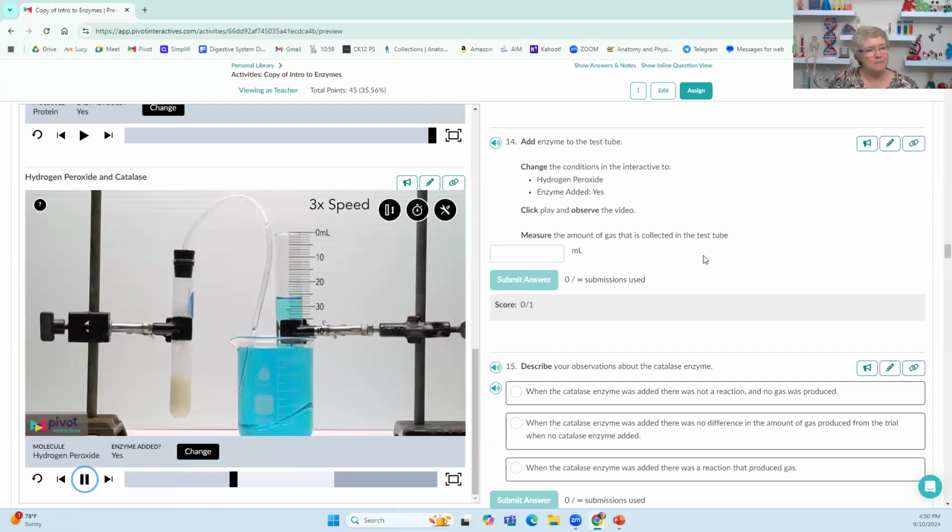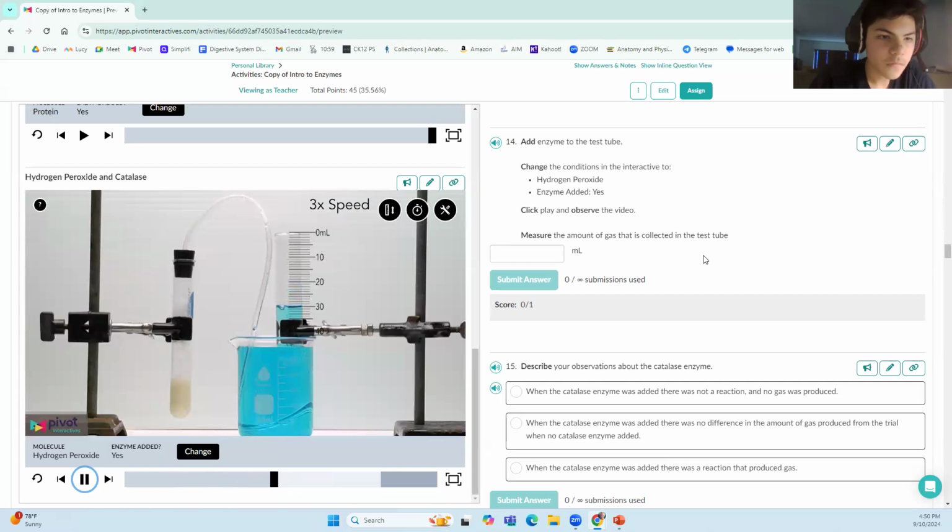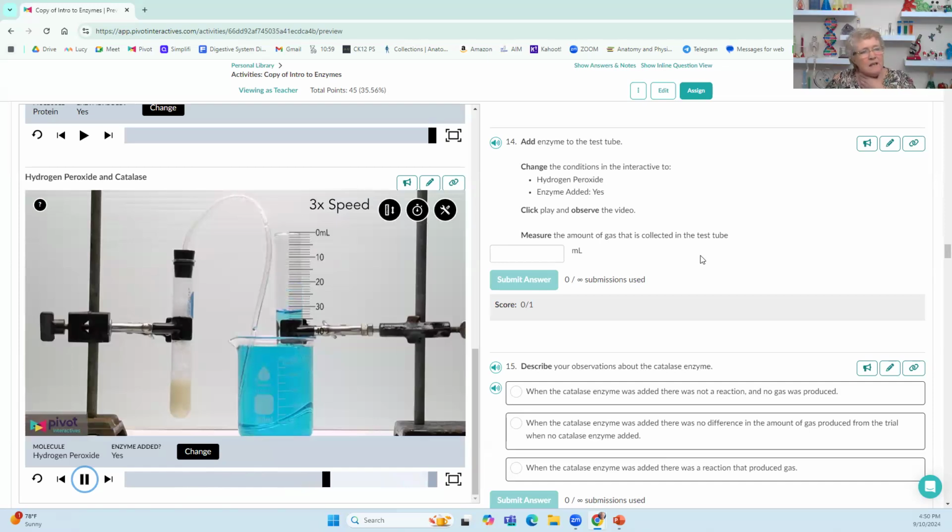What do you mean, Luke? Yours doesn't look like this? So the picture and the video look the same, but on the bottom when it says enzyme added and molecule, mine just has enzyme concentration and percentages. For question number 14?